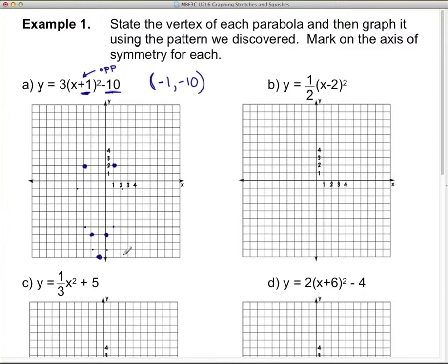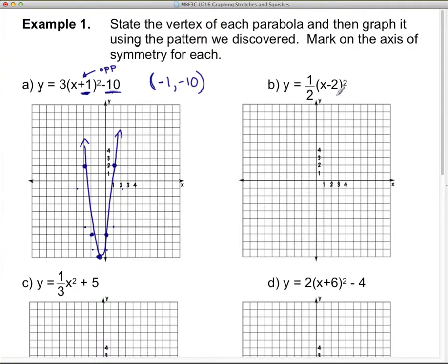And instead of going over 3 up 9, now I have to take that 9, what I used to do, and multiply it by 3, which is 27, and there's no way that's fitting on there. So those points are all I've got, and I draw in my long, skinny, stretched up parabola.